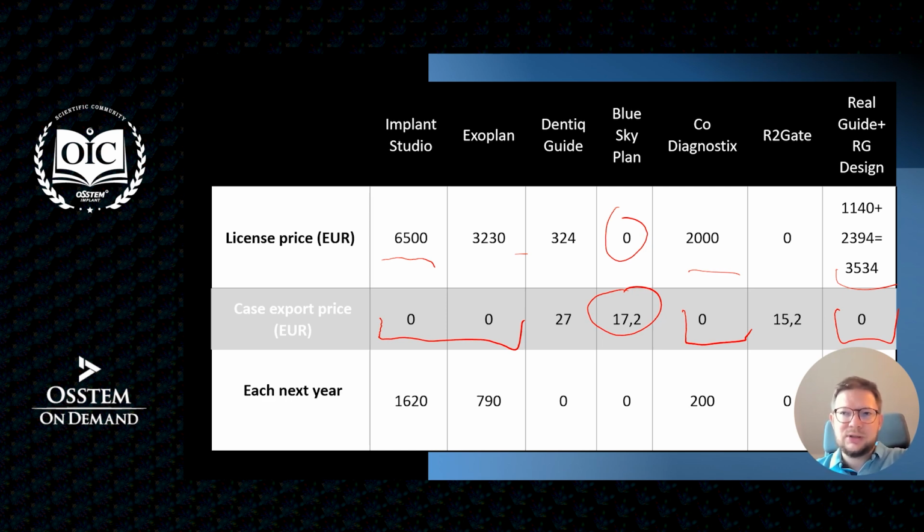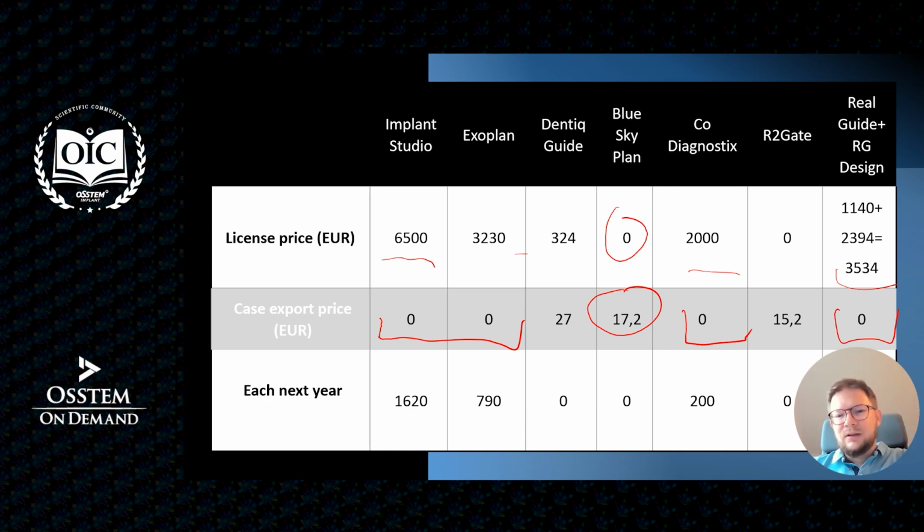So to export the file from the closed format of the software to an open format like STL, which is available to port to each production device, we need to make a payment. This payment is sometimes called a credit, sometimes a payment, sometimes a coupon or something like that, but mainly it's a single payment per use, like with different things on the market today.